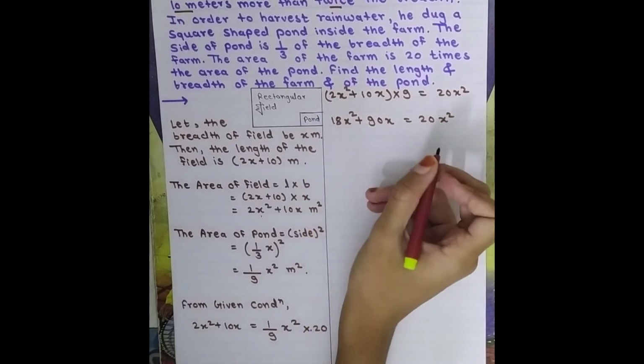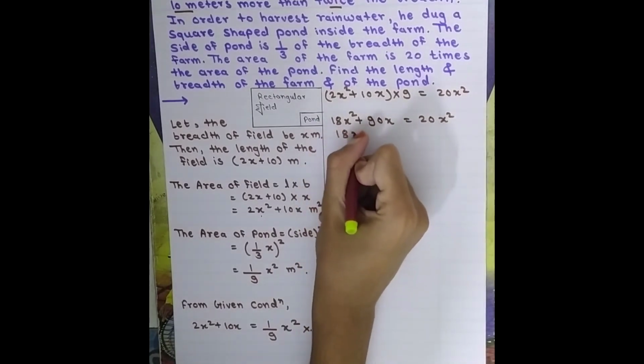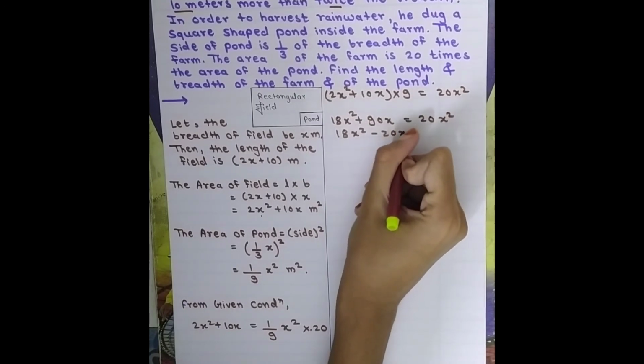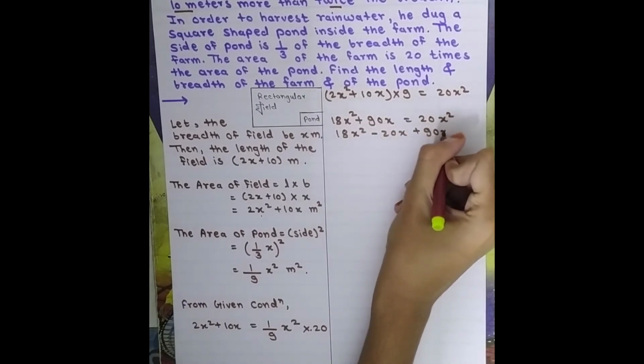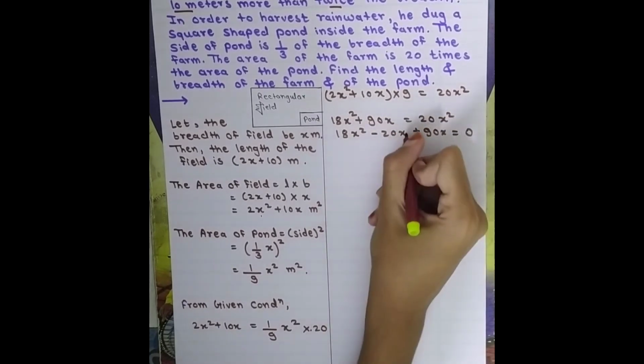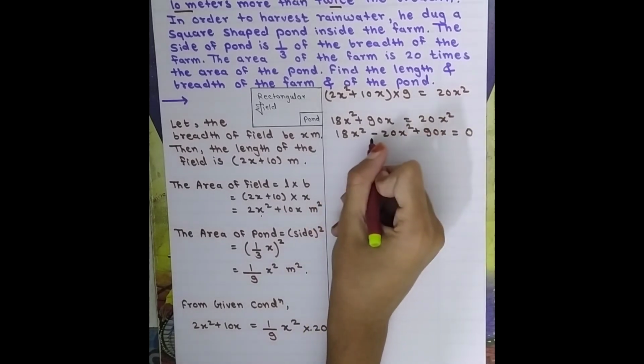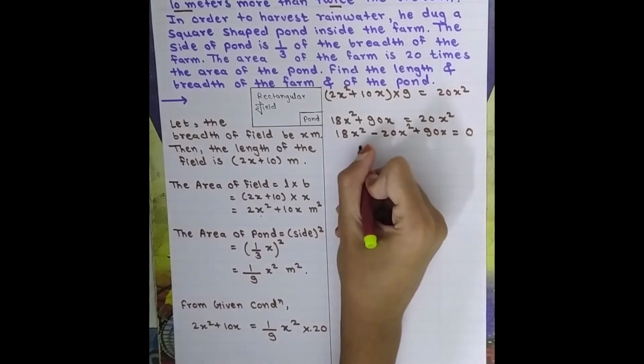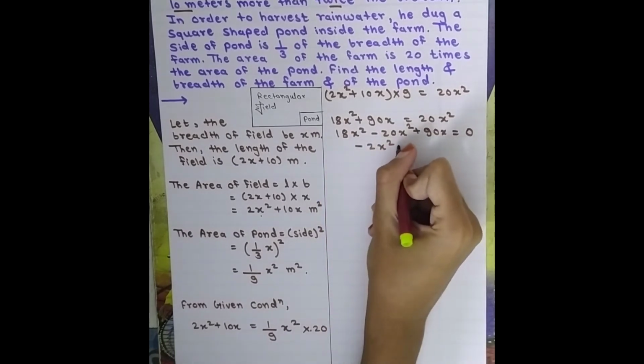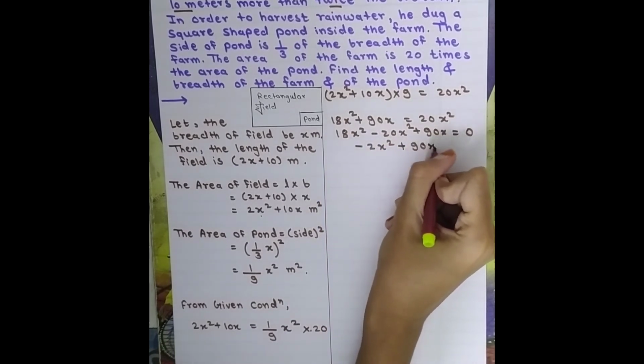Now bringing it together, 18x square minus 20x square plus 90x is equal to 0. So 18x square minus 20x square is minus 2x square, plus 90x is equal to 0.